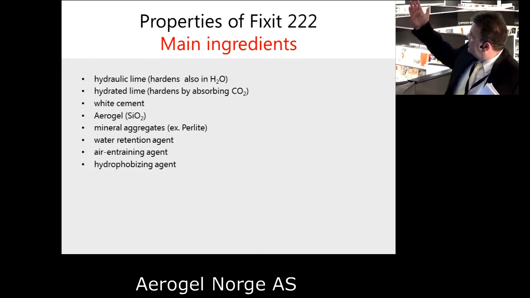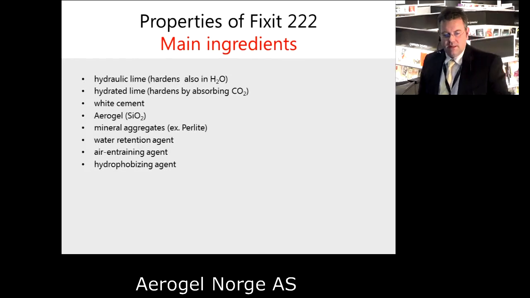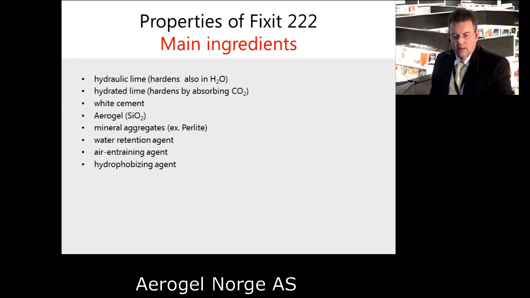So you can see here the main ingredients of the aerogel render. This is hydraulic lime and hydrated lime, and a small amount of white cement to ensure the compactness in an early state of the binding process. Then the aerogel.